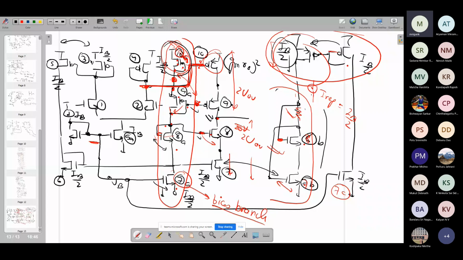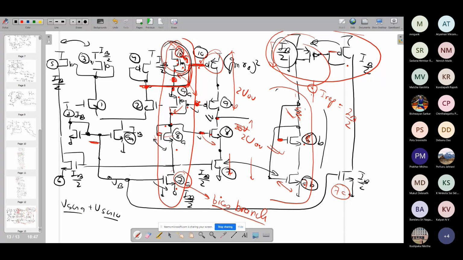So you can calculate the swing also, whatever output swing is achievable in this case, because you know the gate voltage. Here, as compared to the gate voltage of 10, we have VSG of M10, and then you have the VSG of M9, right? So the two voltages are coming, VSG9 plus VSG10.